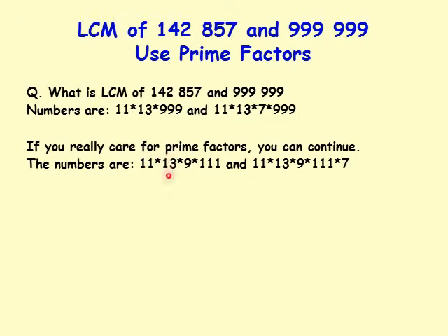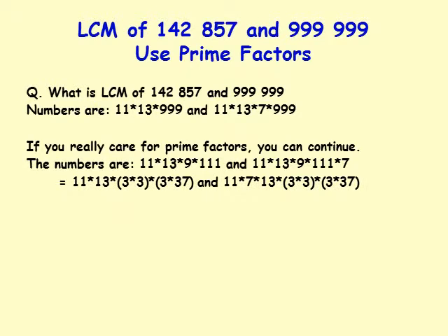So 11 times 13 times 999, where 999 is 9 times 111, and 11 times 13 times 9 times 111 times 7. I move the 7 to the right, which is not common. I just move the common factors to the beginning here.